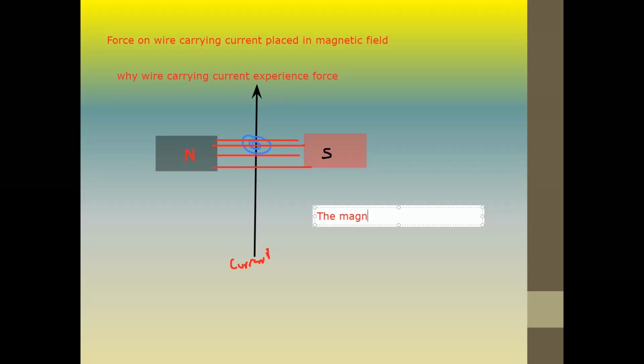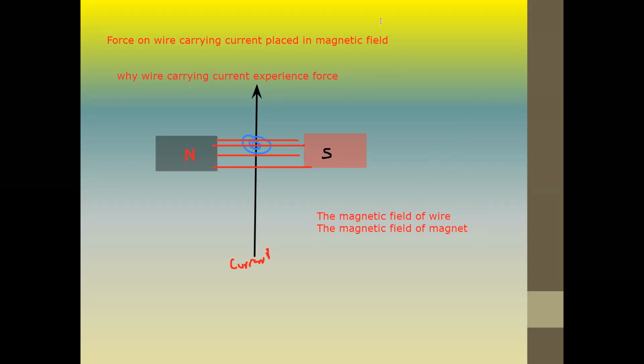So there are two magnetic fields. One is the magnetic field of the wire, and the second one is the magnetic field of the permanent magnet.